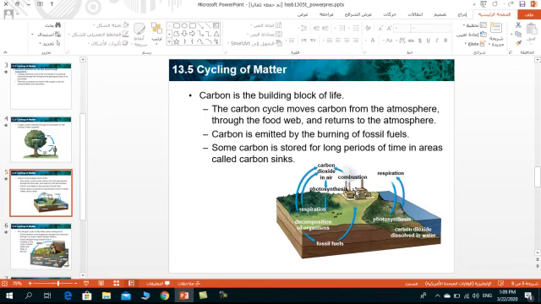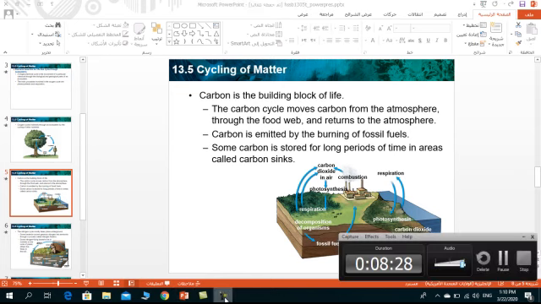The areas that store carbon over a long period of time are called carbon sinks. An example of this is forest land, where a large amount of carbon is stored in the cellulose of the wood.